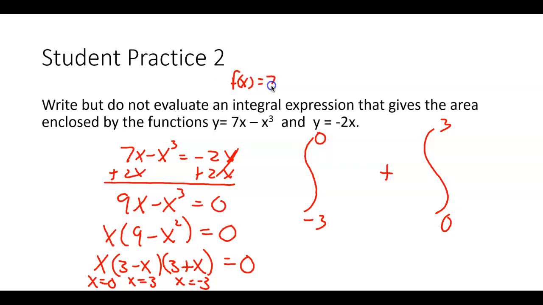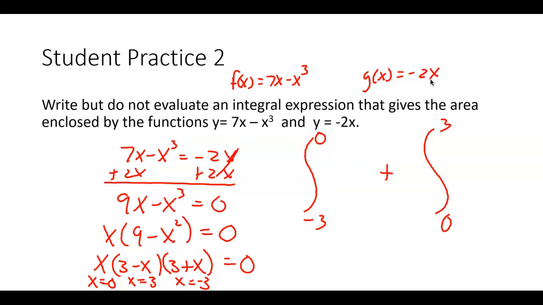So if you want to say, okay, this one's the f function, and this one's the g function, you can do that. Or, instead of using f and g, you could just put the functions in exactly as they appear. Either way, but it would be bad to just put f and g here and not define them on an FRQ. You have to say what f and g are.